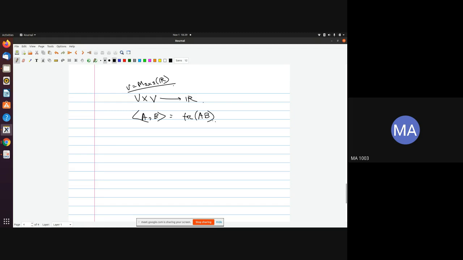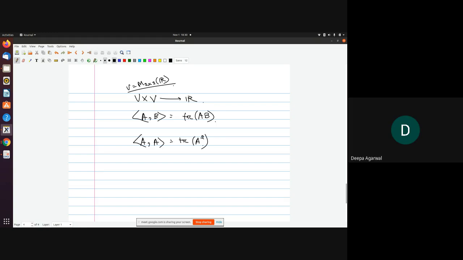So if I take A and A, trace of AA should be greater than or equal to 0. Is it always true? Is trace of A square always greater than 0?